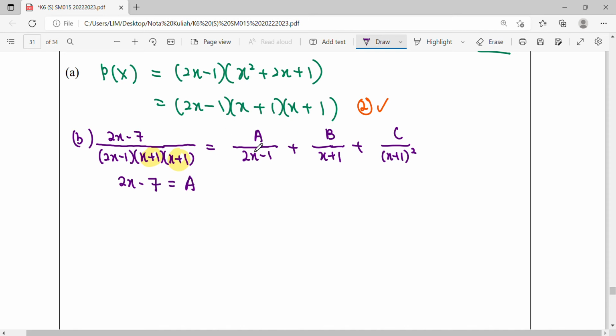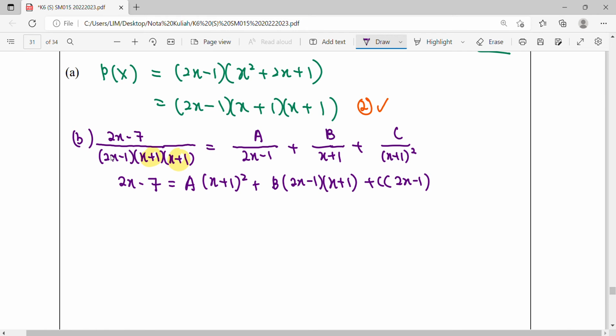For A, multiply with the factor it doesn't have, which is x plus 1 squared. For B, it already has one x plus 1, so it will multiply with 2x minus 1 and another x plus 1. For C, the repeating x plus 1 it already has, so it will be multiplied with 2x minus 1.